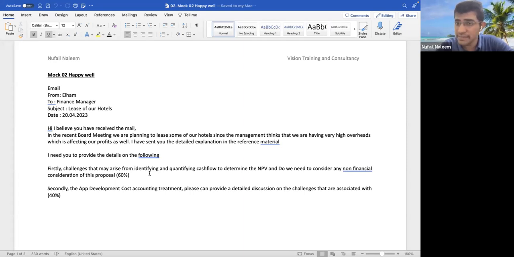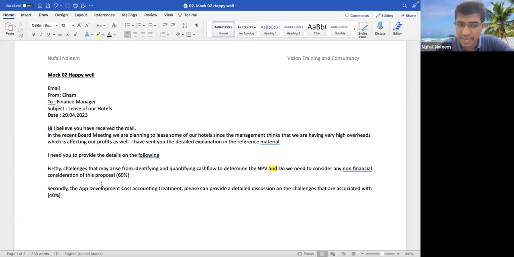So it is a 60% weightage, and students, it has two subcomponents. The first subcomponent is the challenges that we may find when identifying and quantifying the cash flow to determine the NPV. And do we need to consider any non-financial consideration? That is one more factor, if I'm not mistaken, non-financial consideration.